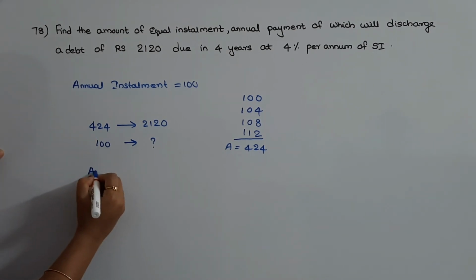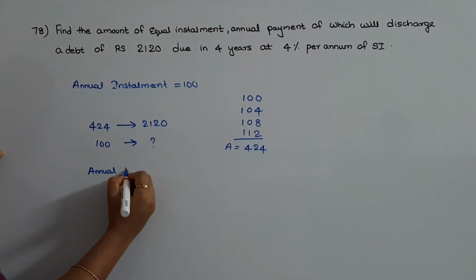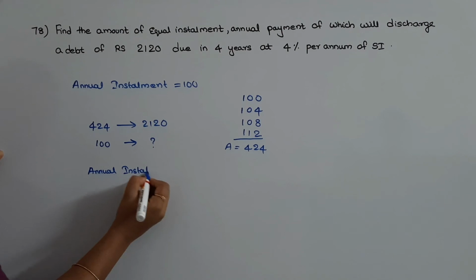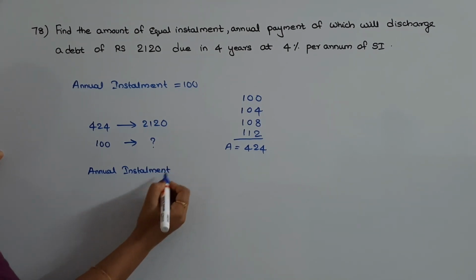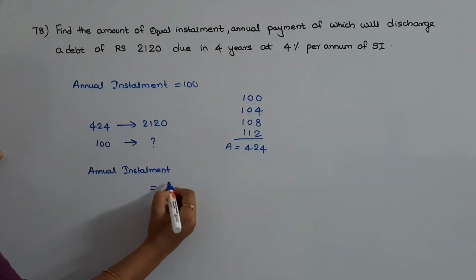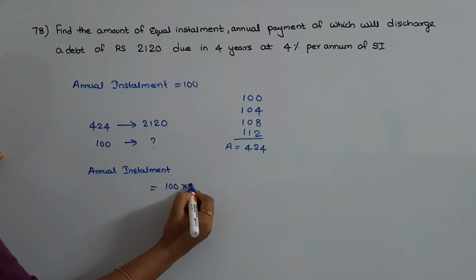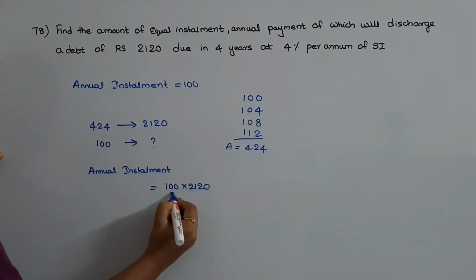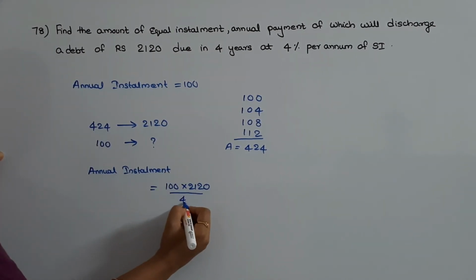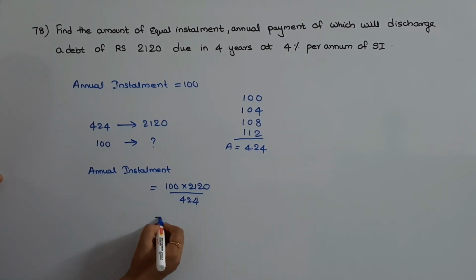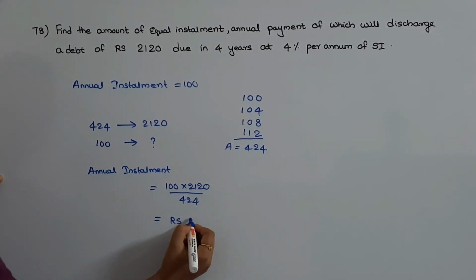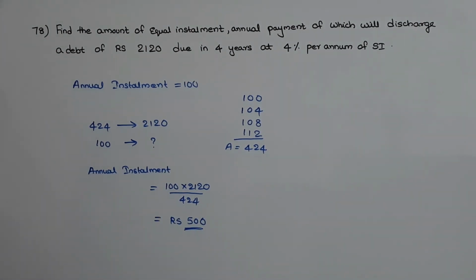Hence the annual installment will be equal to 100 into 2120 divided by this 424. Hence the answer will be equal to rupees 500. So the annual installment will be rupees 500.